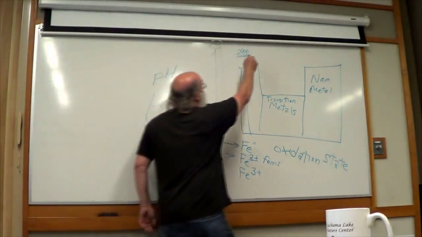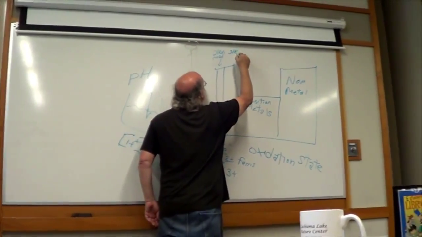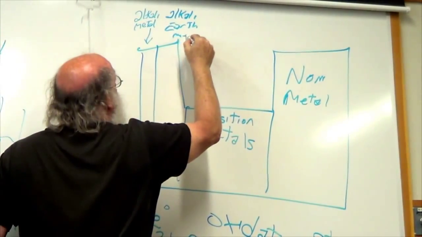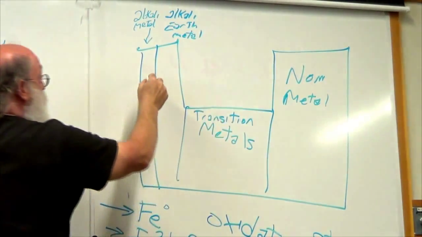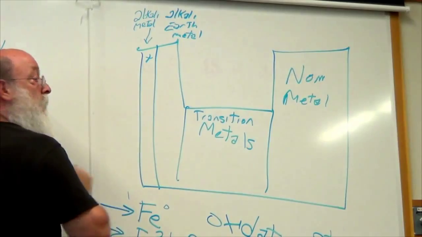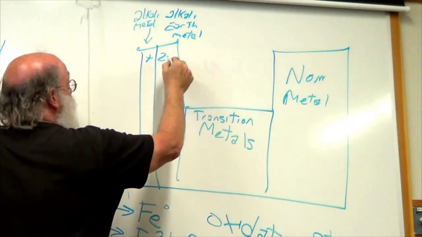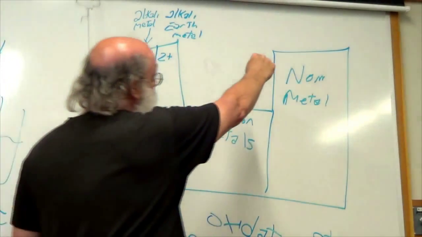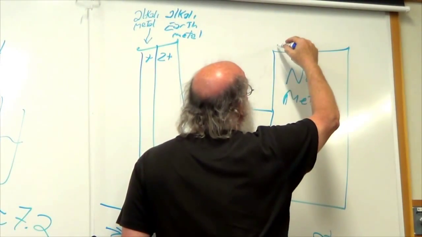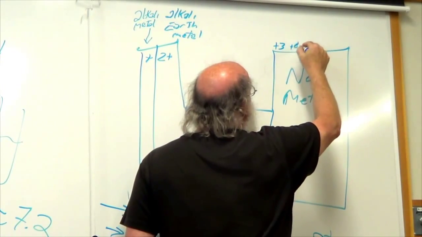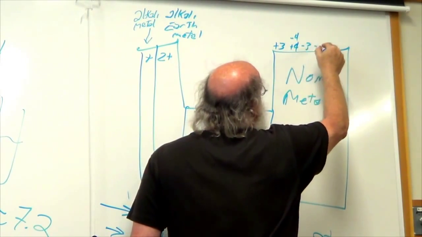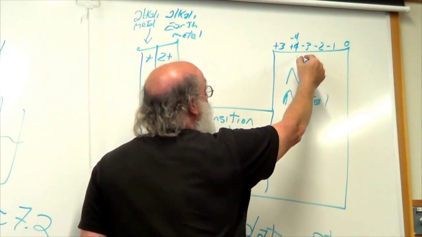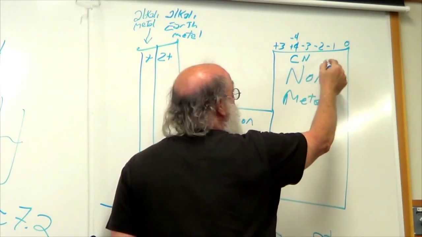But anyway, this is the alkali metals, and then you have alkali earth metals. And the difference between alkali metals, they all have a +1 charge, and alkali earths all have a +2 charge. Now, as you get over to these other non-metals, they have charges also. And some of the elements in this area are like carbon, nitrogen, oxygen.